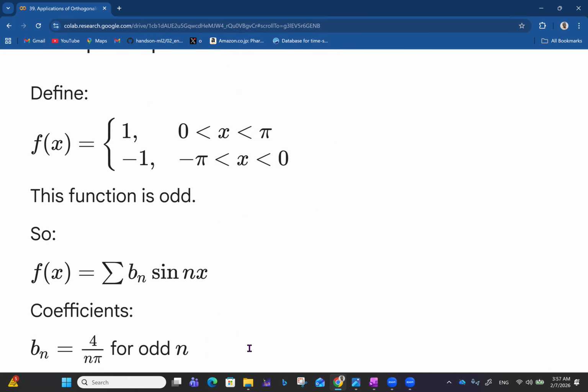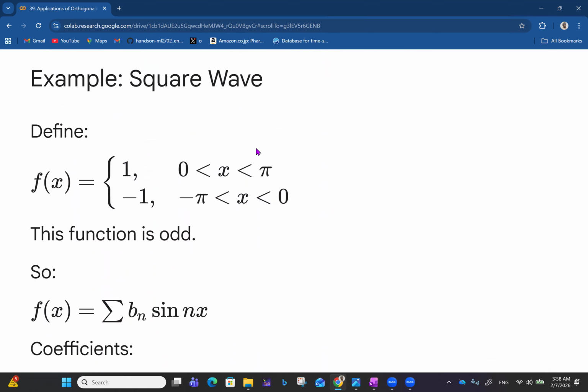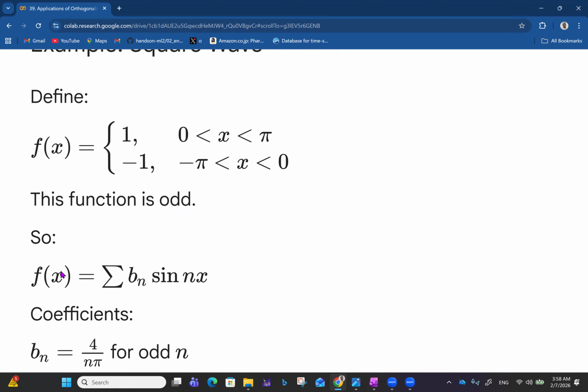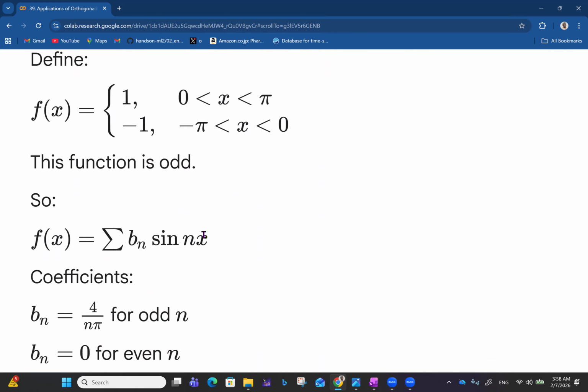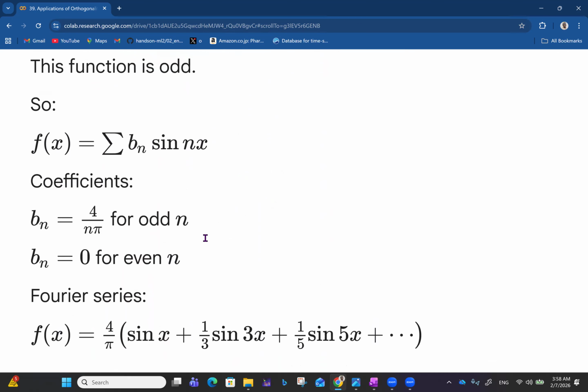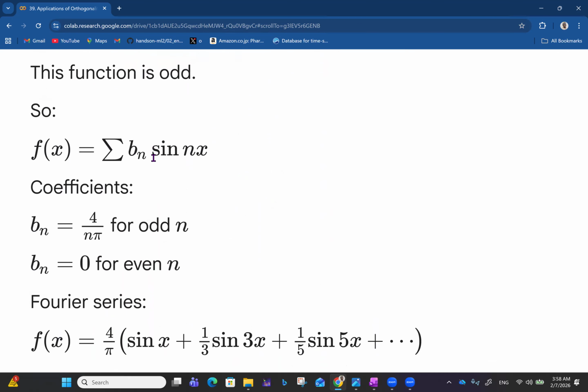Then we have another example about a square wave, right? If you define f of x to be 1 for x between 0 and pi and minus 1 for x between minus pi and 0, this function is odd. So in that case, the an part will also go to zero, just like before. So f of x is the summation of bn sine nx.